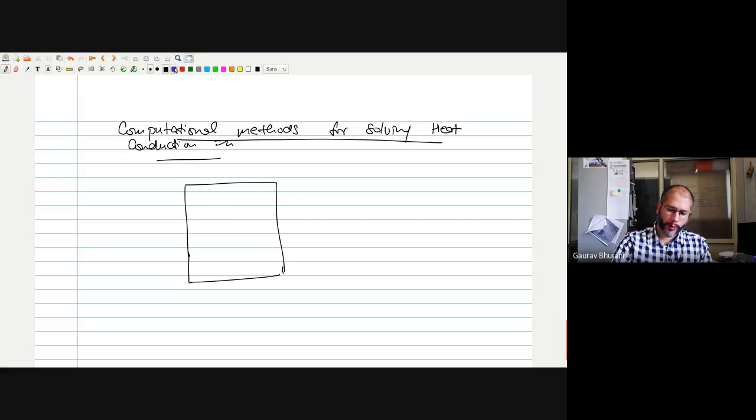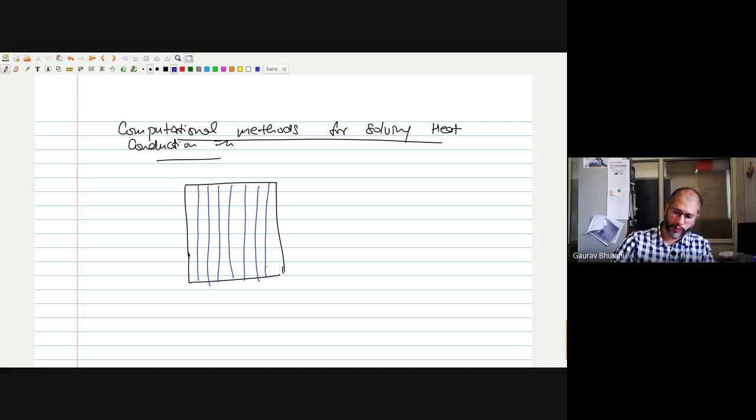When we do it using computational methods, instead of finding the value of theta at each and every point continuously inside the domain, we'll be happy if we can find the value of theta at some discrete points in the domain.